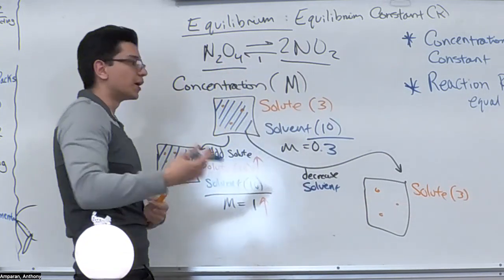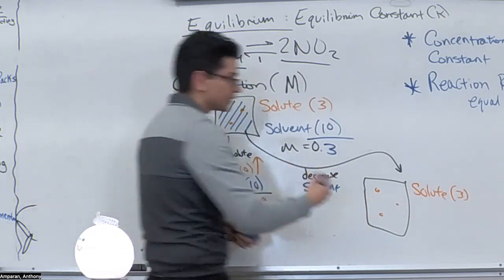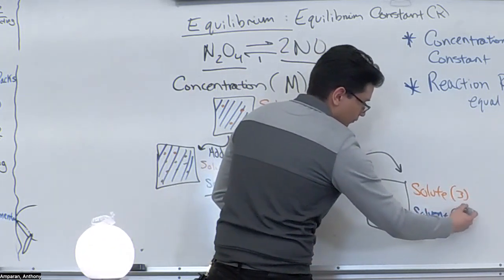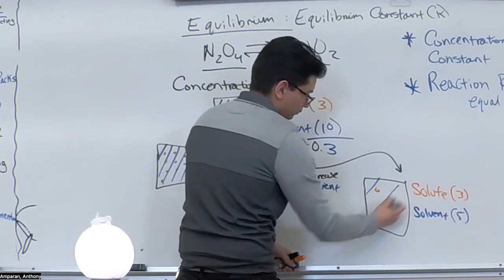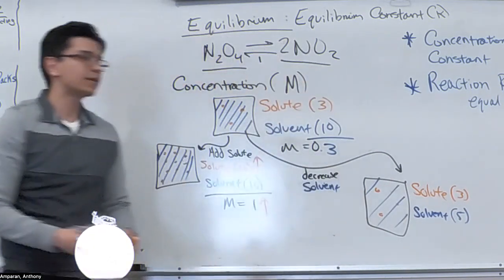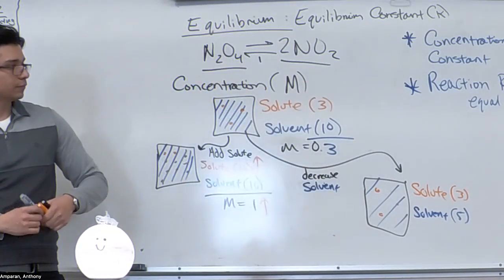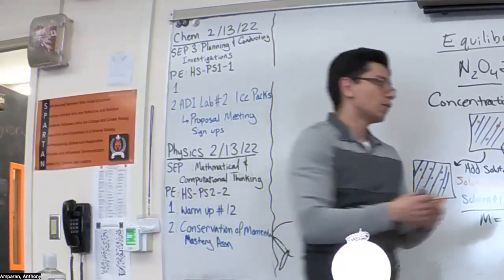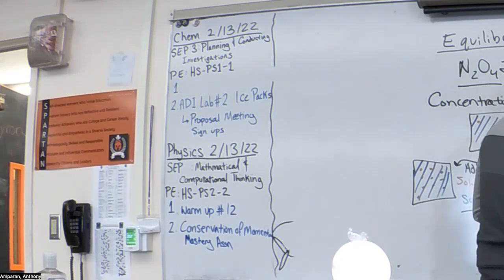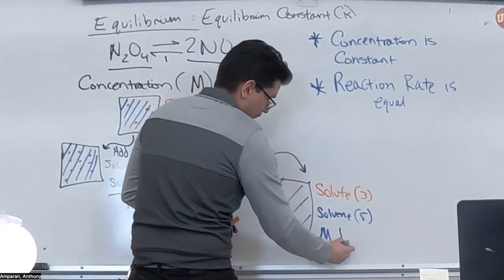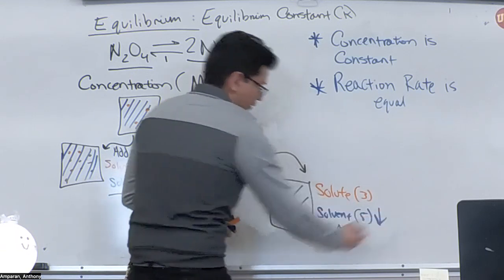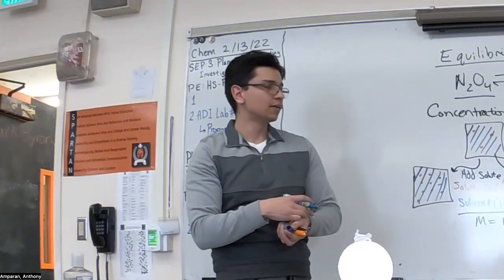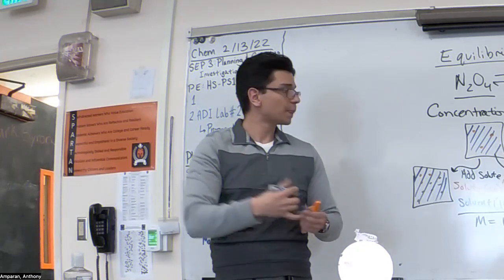But I'm not going to have as much solvent anymore. Maybe I just have half as much. Less solvent. Well, then my concentration is also going to increase. By decreasing your solvent, or decreasing how much water you have, you increase your concentration.